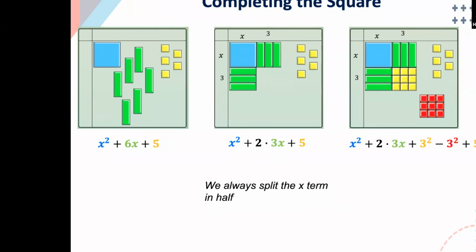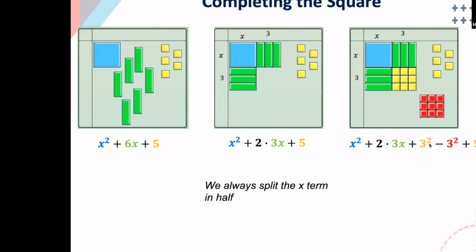Then what I did here with the tiles can be modeled by this algebraic expression. You can see x squared is right there. 2 times 3x, my original 6x, is here. And now I added 3 squared and I subtracted it.